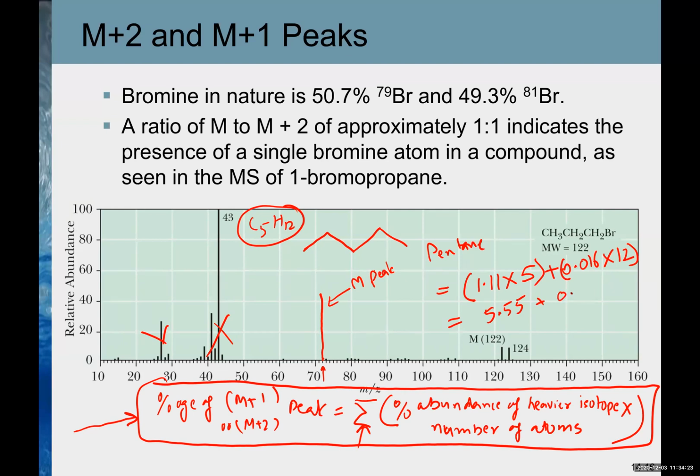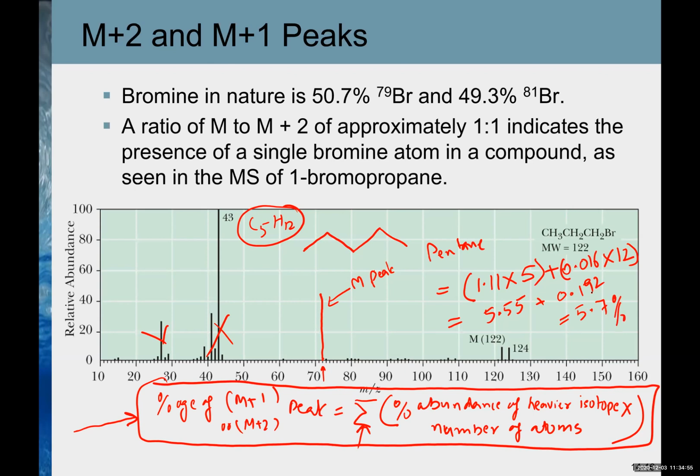Anyone with a calculator? 0.192. Equals 5.7. I'm going to round it off to 5.7 because it's OChem, it doesn't matter.